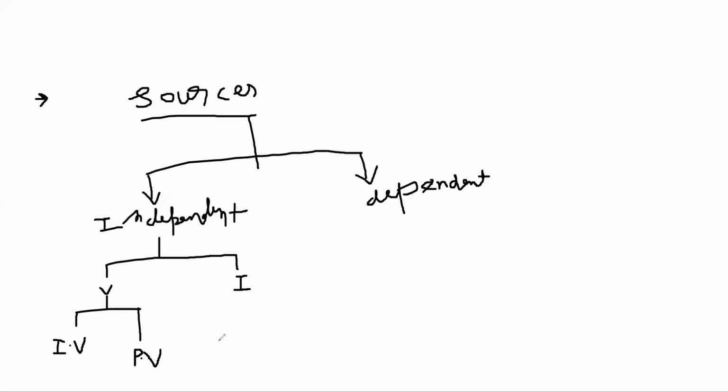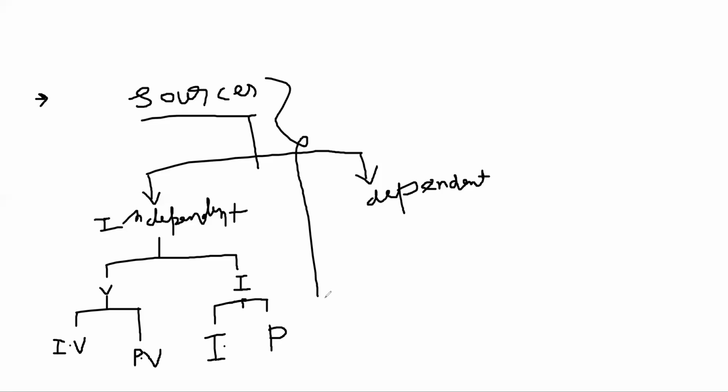Similarly, the current source may also be ideal or practical. So this is the classification of sources: the ideal current source and the practical current source. We will first discuss these independent sources.